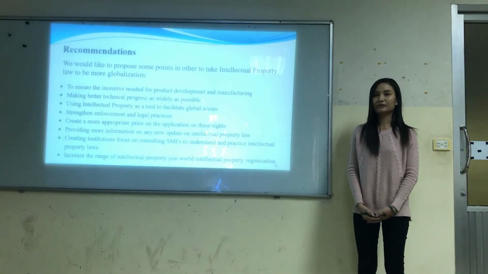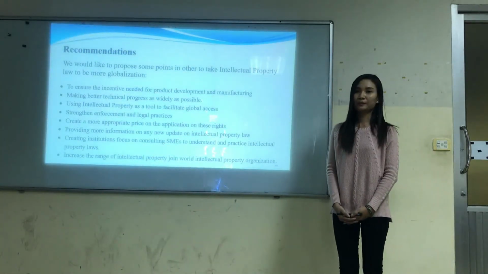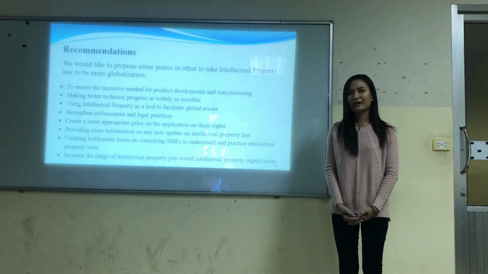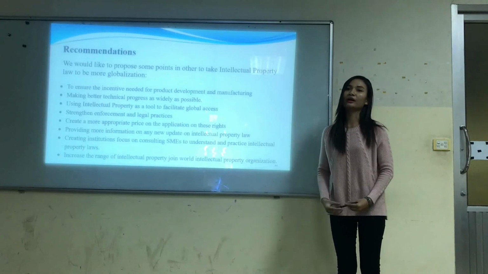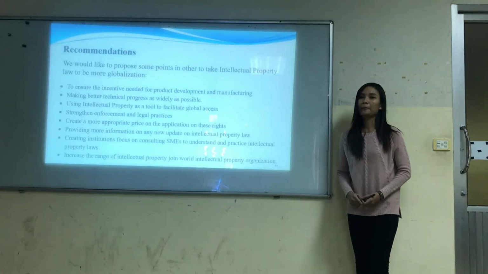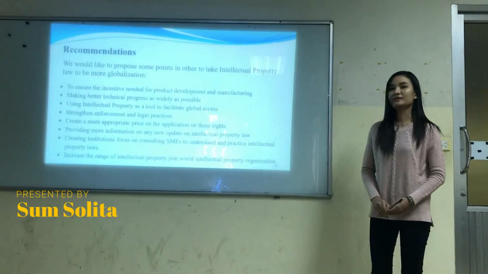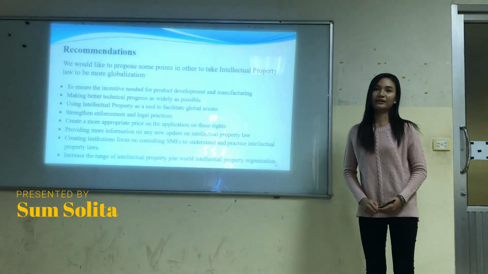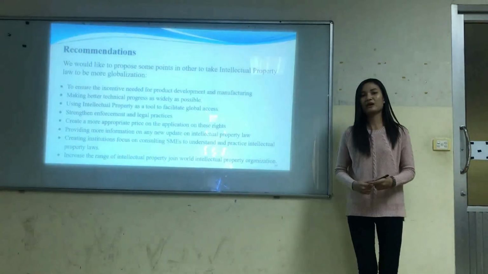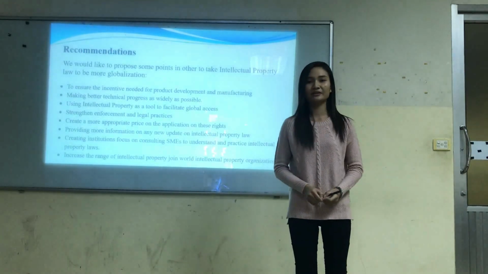Sixth, providing more information and news updates on intellectual property law. Seventh, creating an institution focused on consulting SMEs to understand and practice intellectual property law. And the last one is increasing the rank of joining the World Intellectual Property Organization. So we have come to the end of our presentation, and thank you for watching.